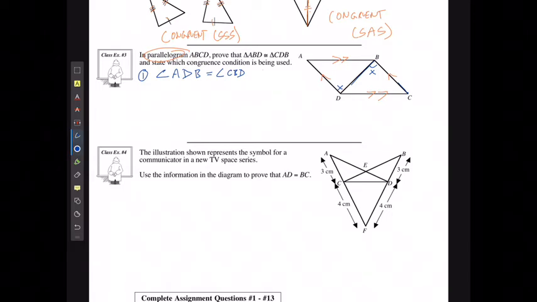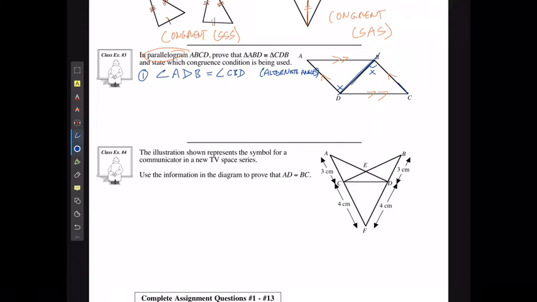Because they are alternate angles. They're between two parallel lines, and they're going to make that Z or S shape.